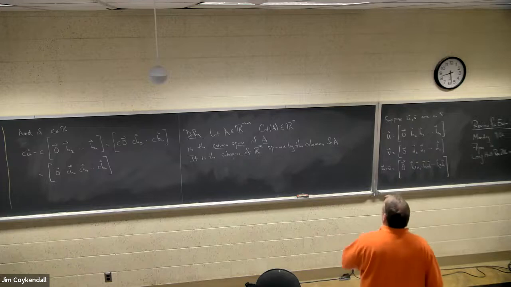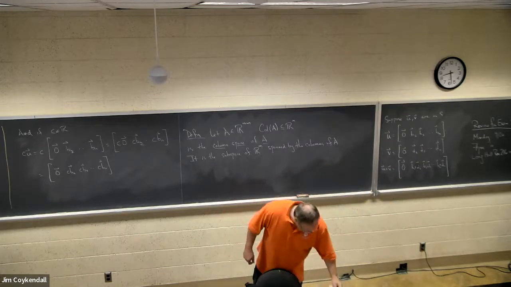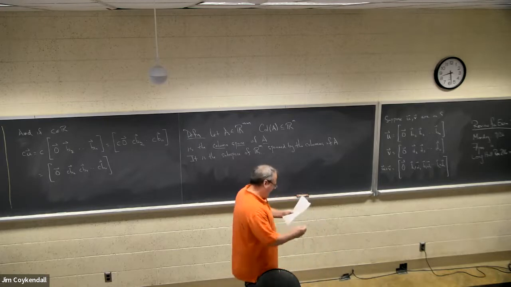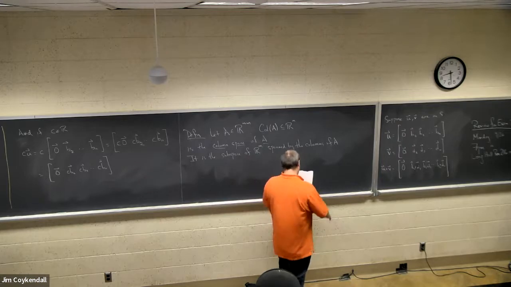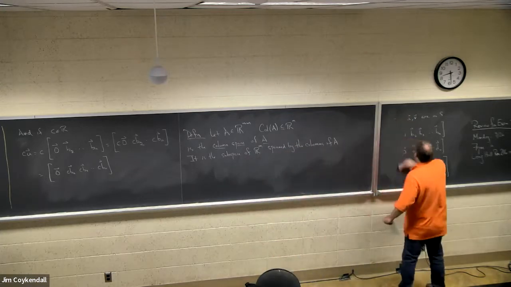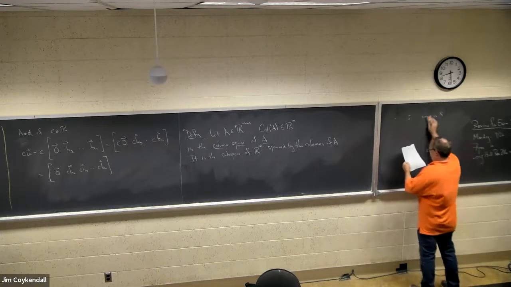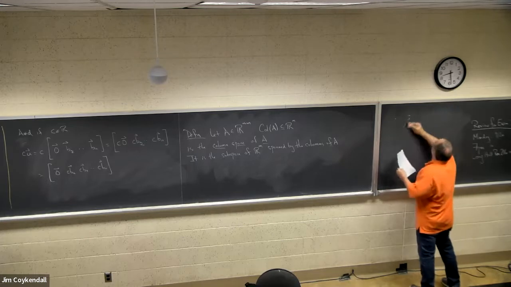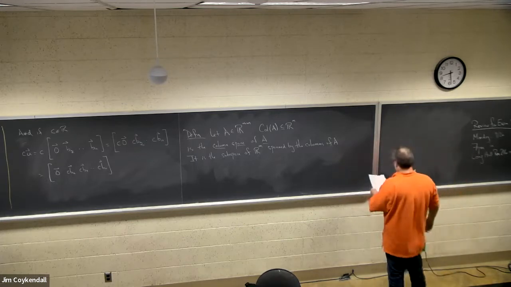That's going to be a subspace of Rm. Let me give you one more definition and tell you what a basis is after that, and then we'll do some computations.